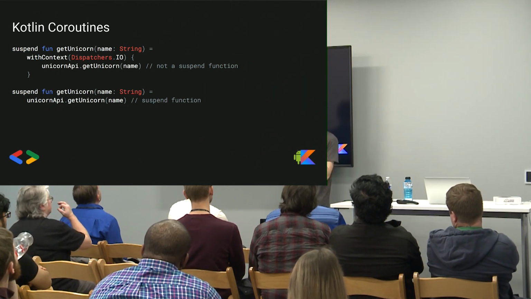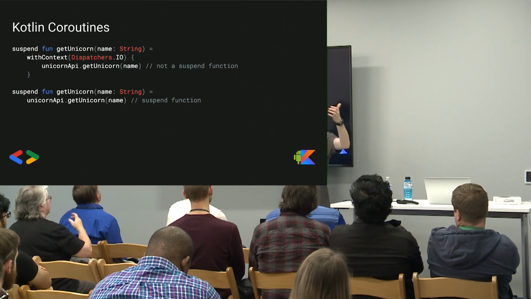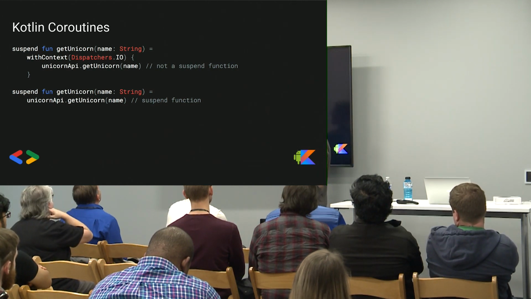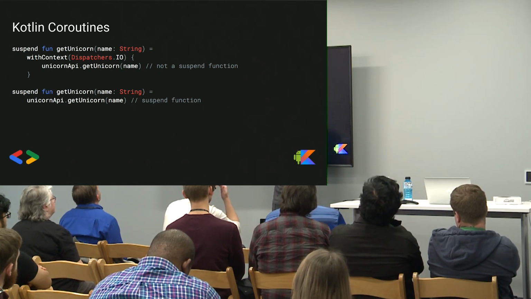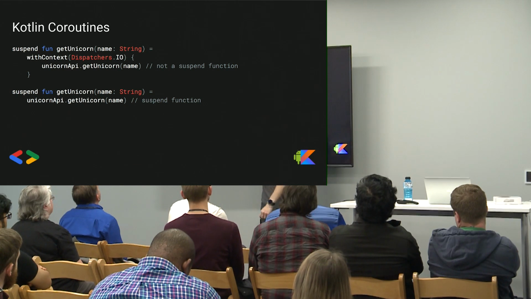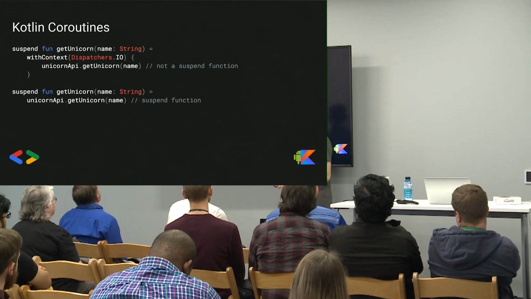It's already aware of where it's being called from, or at least it's tied to the coroutine scope that calls it. So for example, if I call from my view model to get unicorn, this suspend function, and let's say that's going to take 5 seconds, and 3 seconds in, my view model gets destroyed, it's automatically going to cascade that down to this and cancel it for me.